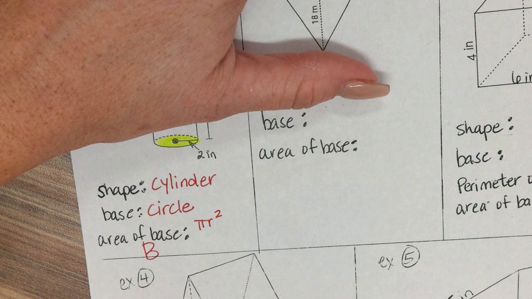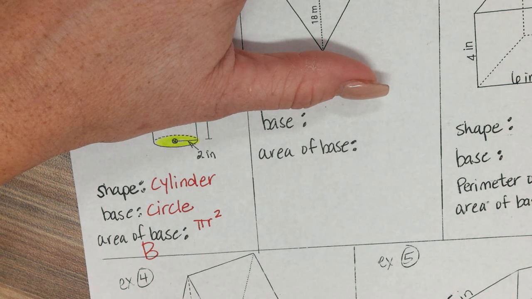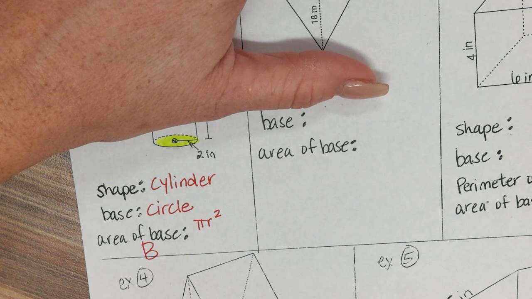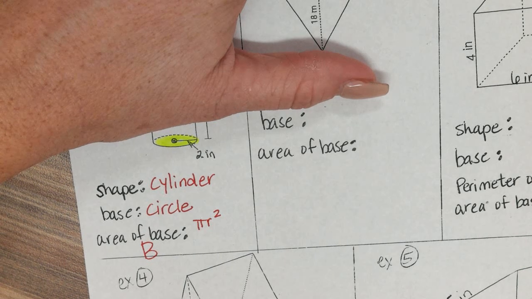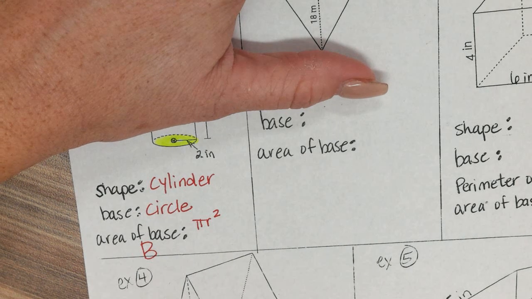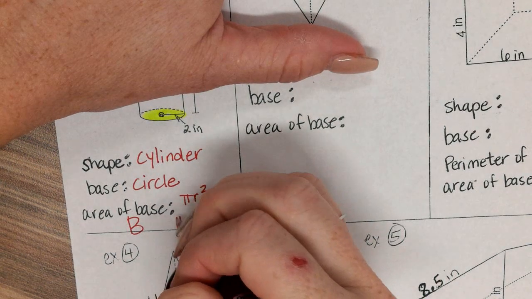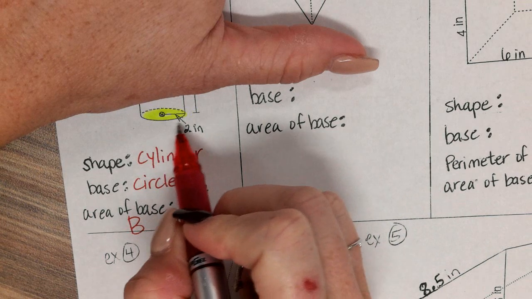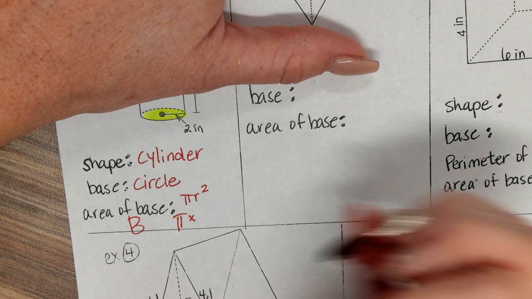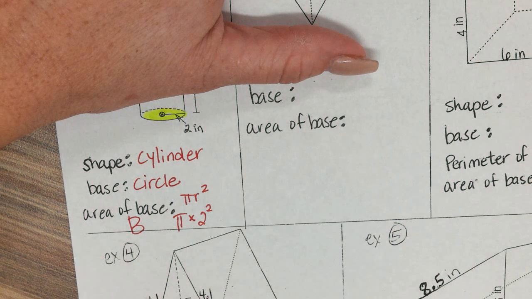If you're not writing, you're not going to have a clue how to do anything this week. I'm just letting y'all know this is super easy if you pay attention. If you don't, you will be lost until we come back from Christmas. All right, so we're going to do pi times, what is the radius of this circle? 2 squared. And that's it.